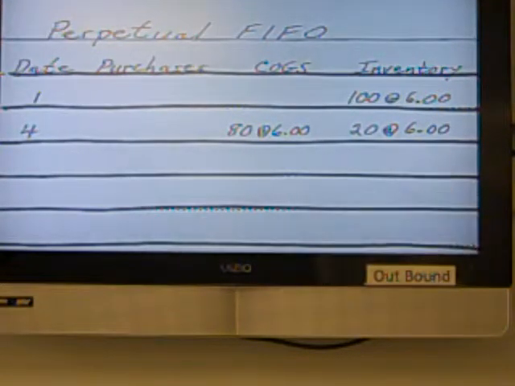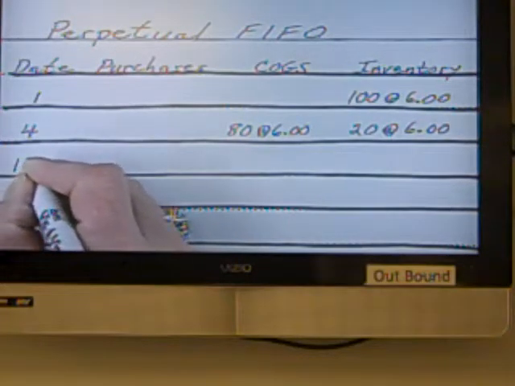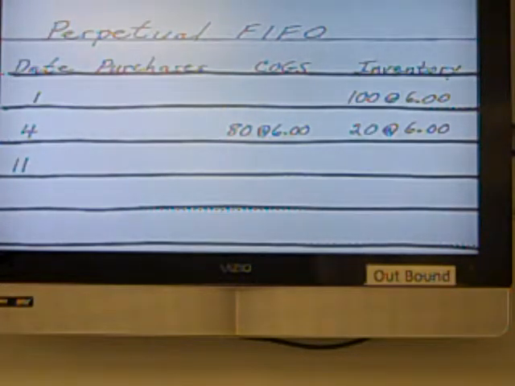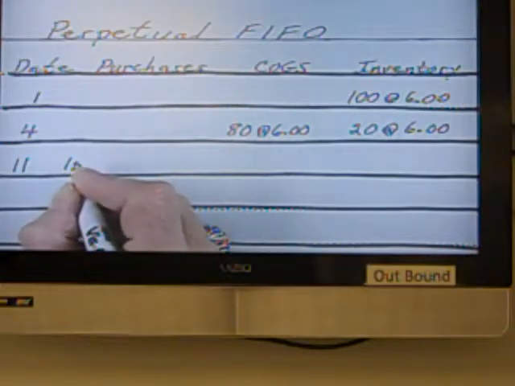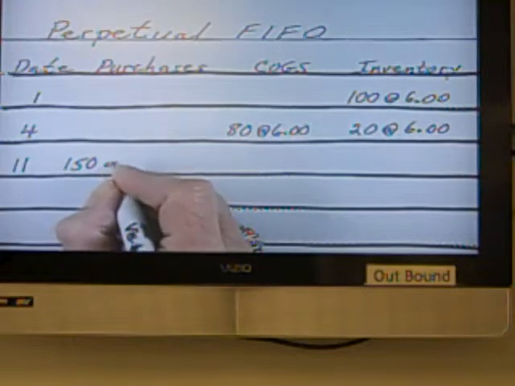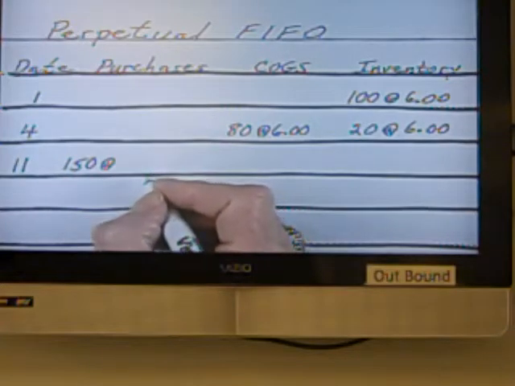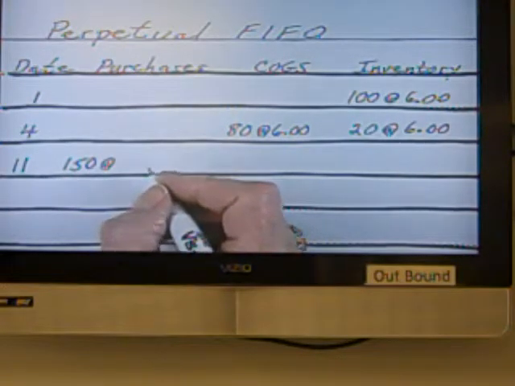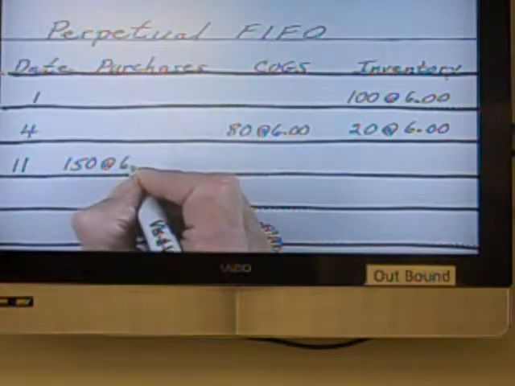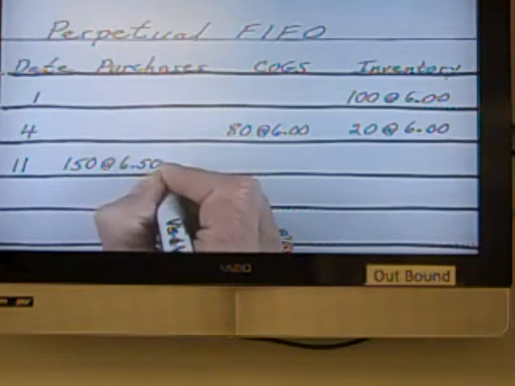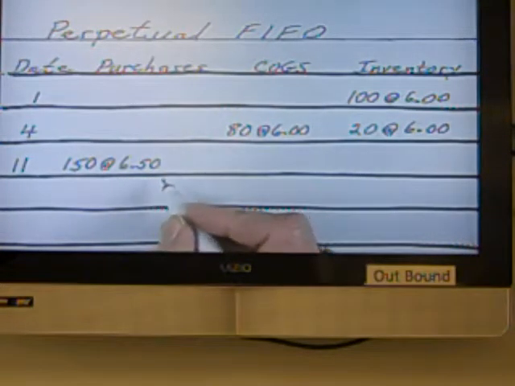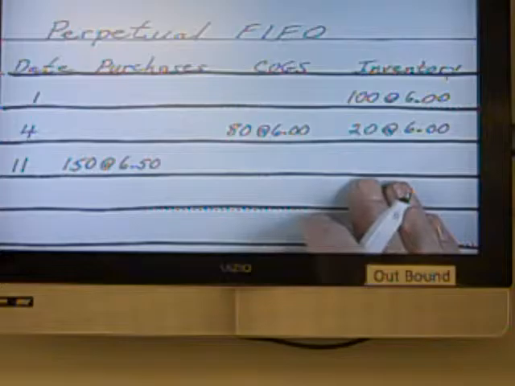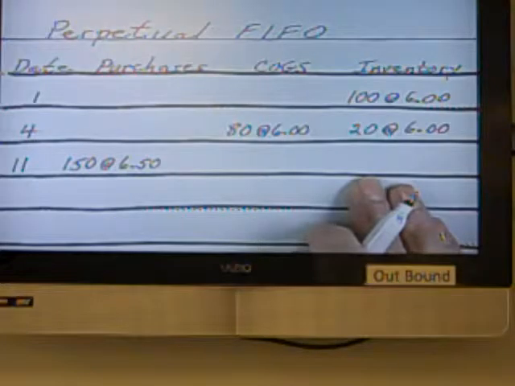Then on the 11th of that particular month, we make a purchase. We purchase 150 units. Those 150 units cost us $6.50 each. So that's 150 at $6.50 each. Now let's look at what we have in inventory at this point in time, not the end of the month, but inventory on the 11th day.